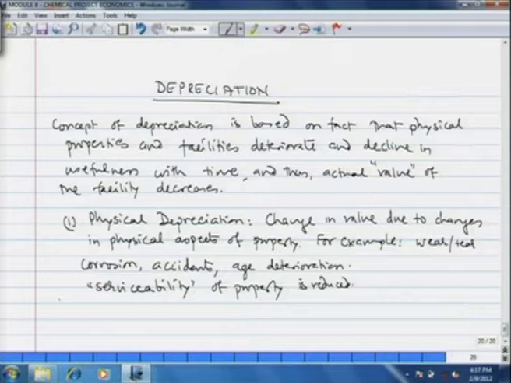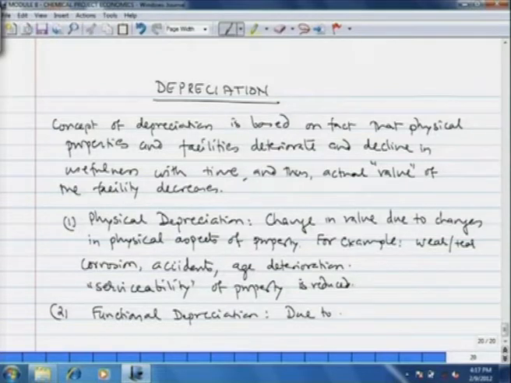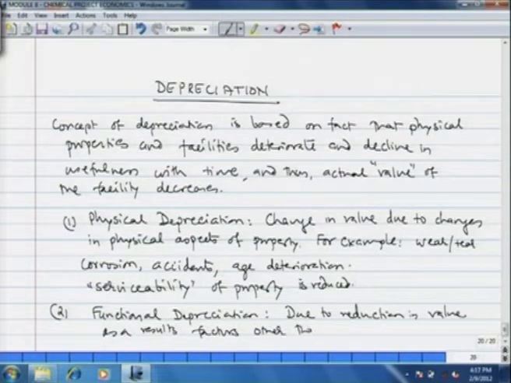The next is functional depreciation. And this is due to reduction in value as a result of factors other than those for physical depreciation.